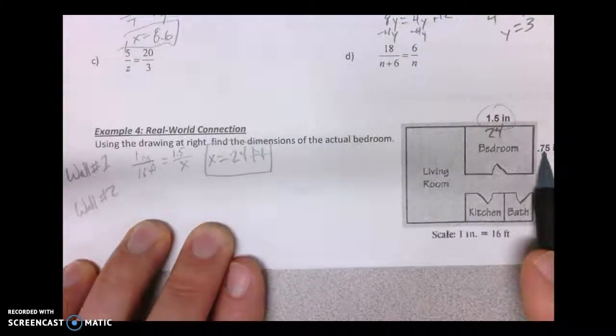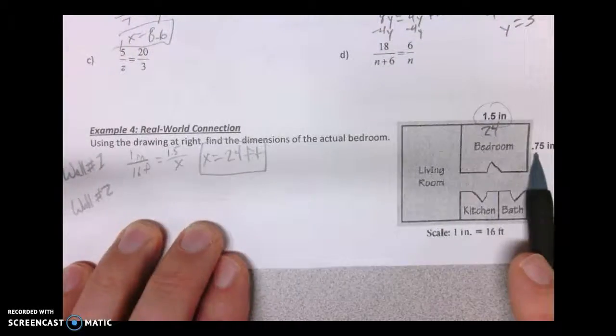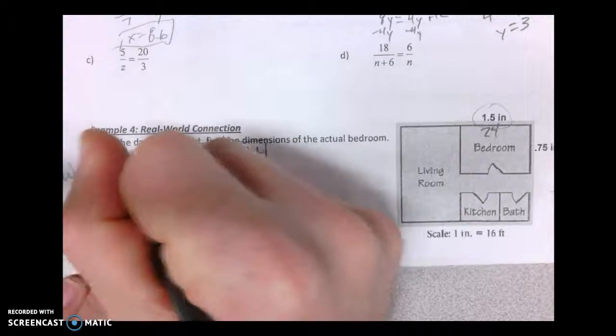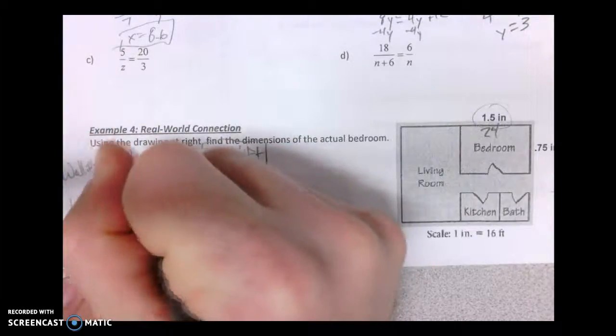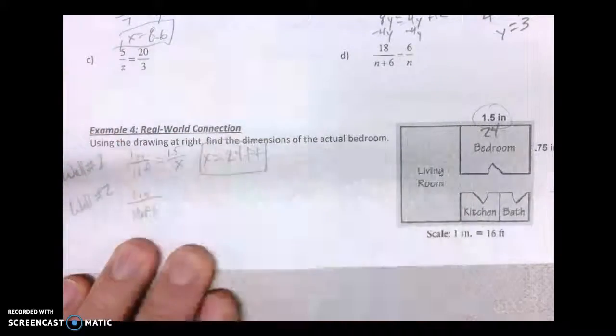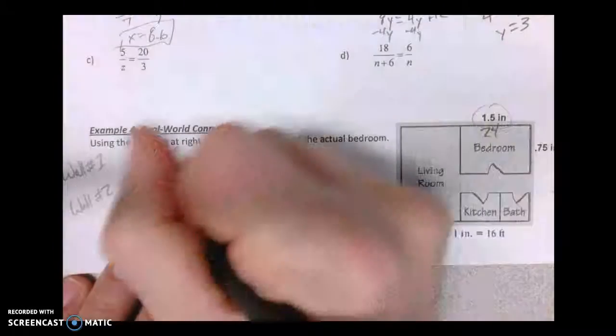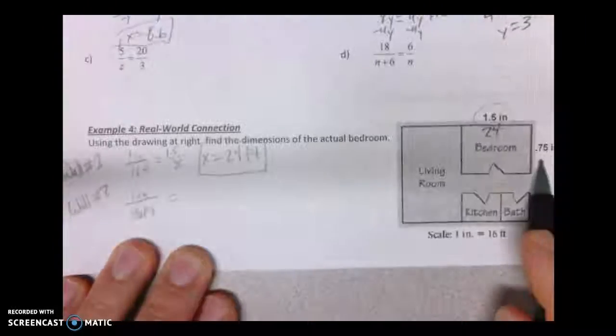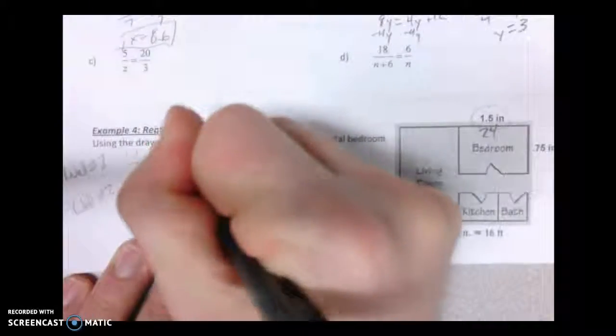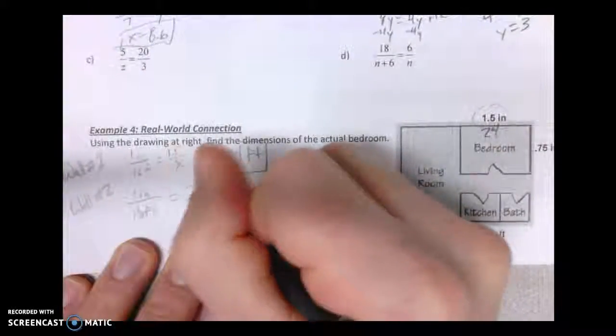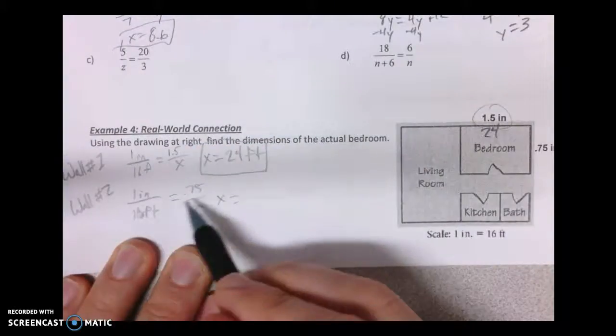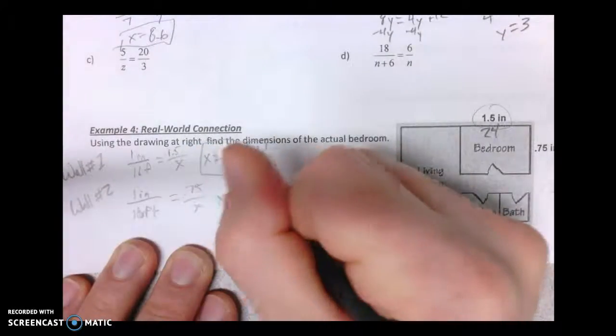Now we got to go and do the other wall, which is 0.75 inches. So I'm going to set up the same proportion to start, 1 inch over 16 feet, because that is my scale factor, equals, but now I'm going to put 0.75 on top, over x. 1 times x is x, equals 16 times 0.75 is 12.